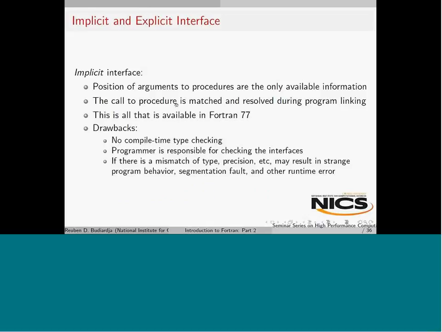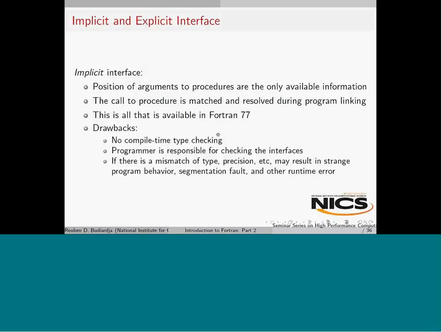Let's talk a bit about what we mentioned several times: implicit and explicit interface. Implicit is all you have in Fortran up to Fortran 77. You have subroutines and calls to subroutines, but the only thing available to the compiler is the position of the arguments to the procedure. So during linking, the position is matched and resolved.